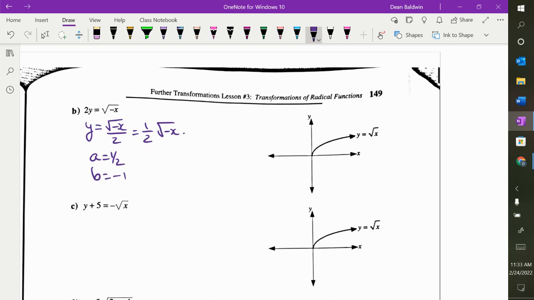So what does the half do? Squishes it. What does the negative 1 do for b? Over the y-axis.